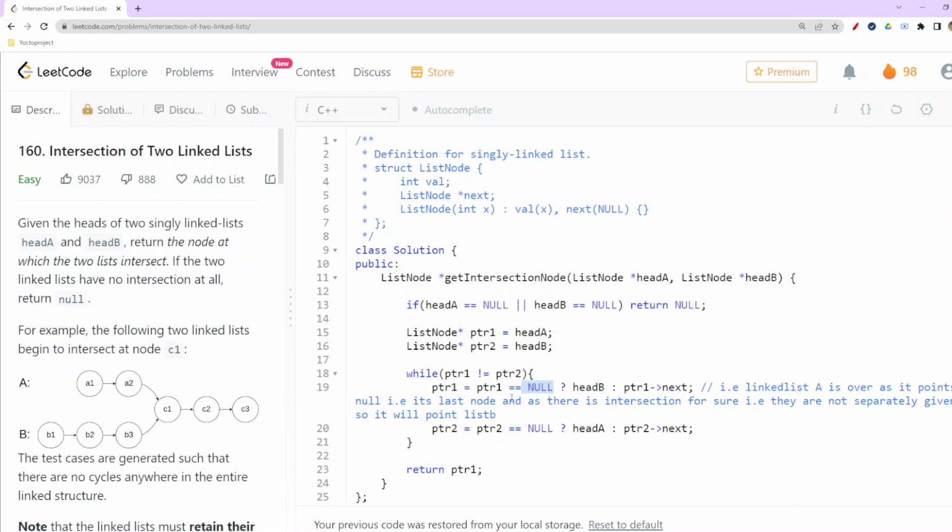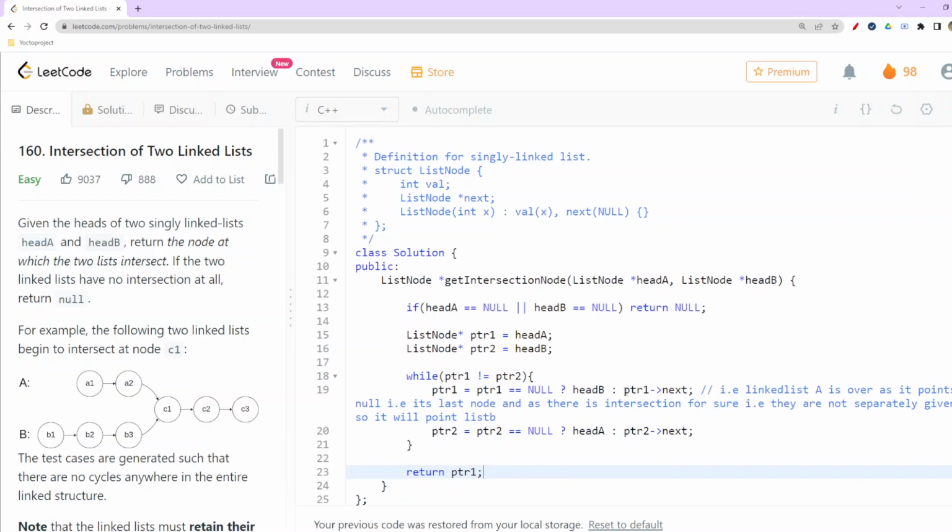But if we think about the fact that we are using this in both of them, then if it is pointing towards null, we assign it to head B, and then we would be directly going into that particular linked list and checking if at any point both of them become equal. Only then can we say that both of them are pointing to the same address, and we will be returning that. So this is all for this particular question.